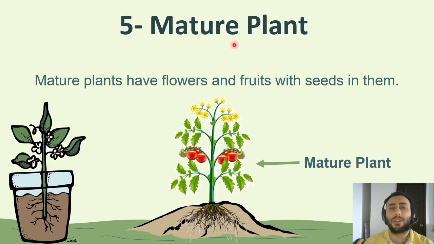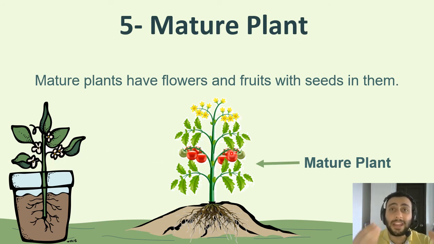Now it's time to start stage 5. When that young plant starts to have flowers and fruits, we are already in stage 5. It means that it is a mature plant. Why? Because it has flowers, because it has fruits.